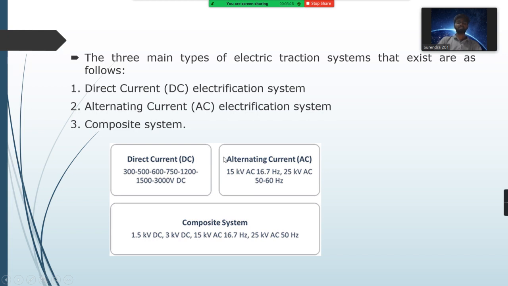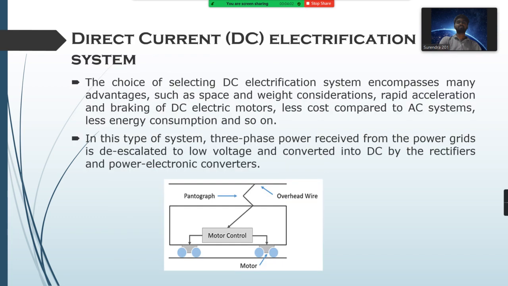For alternating current electrification, the voltage ratings are 15 kV AC at 16.7 Hz, and 25 kV AC at 50 to 60 Hz frequency. For the composite system, the voltage ratings are 1.5 kV DC and 3 kV DC, 15 kV AC at 16.7 Hz, and 25 kV AC at 50 Hz.